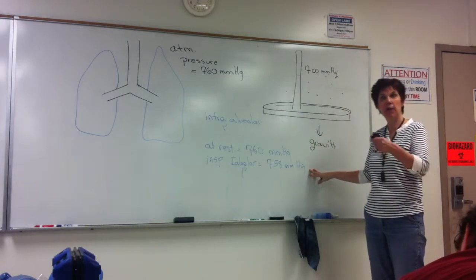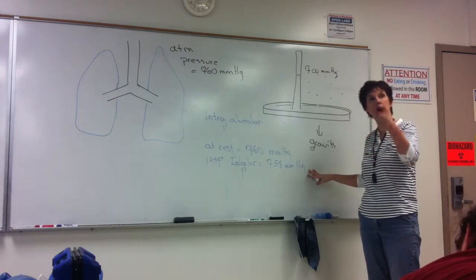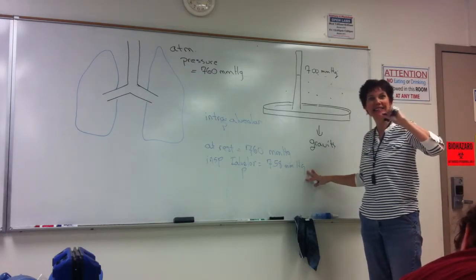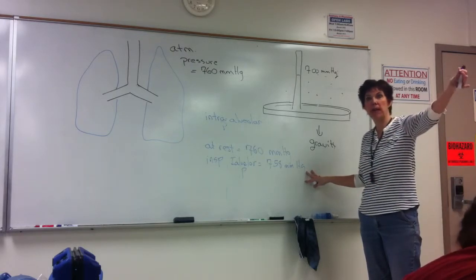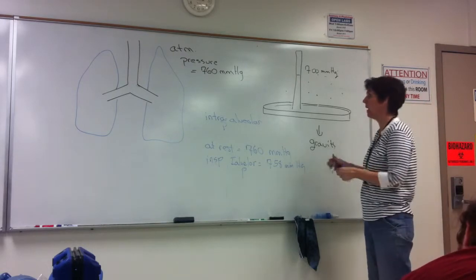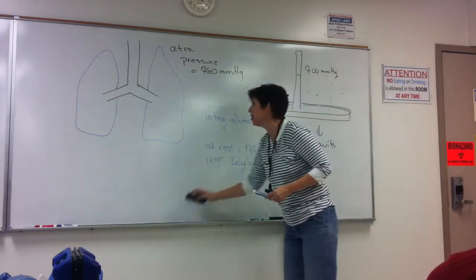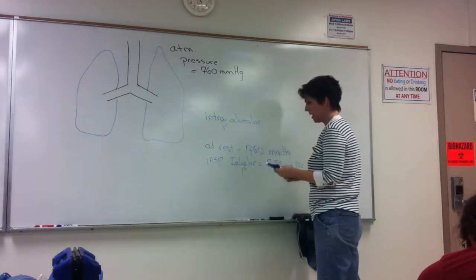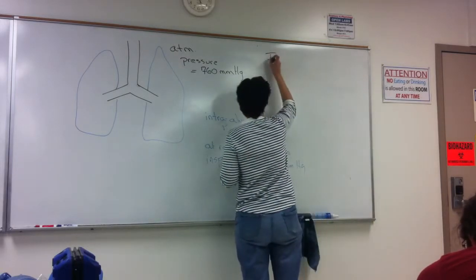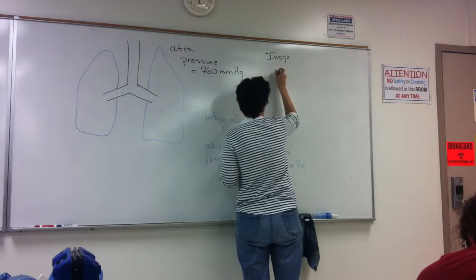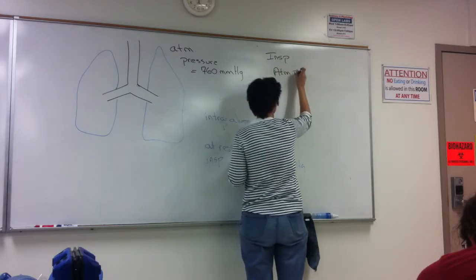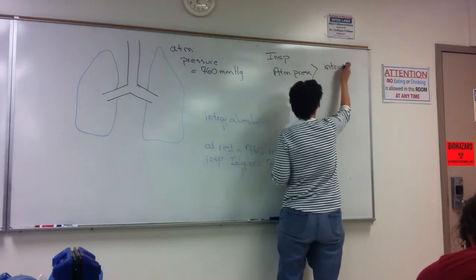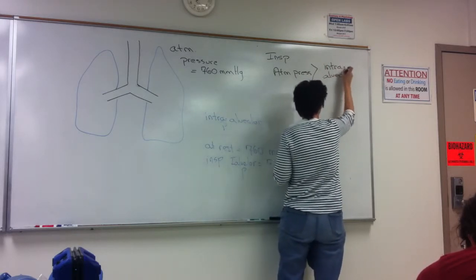So remember, airflow is due to a gradient. It goes from high pressure to low pressure. That's why we have the windy day outside, because we're at lower pressure than wherever the wind is coming from and the air is flowing. So with inspiration, atmospheric pressure is greater than intraalveolar pressure.